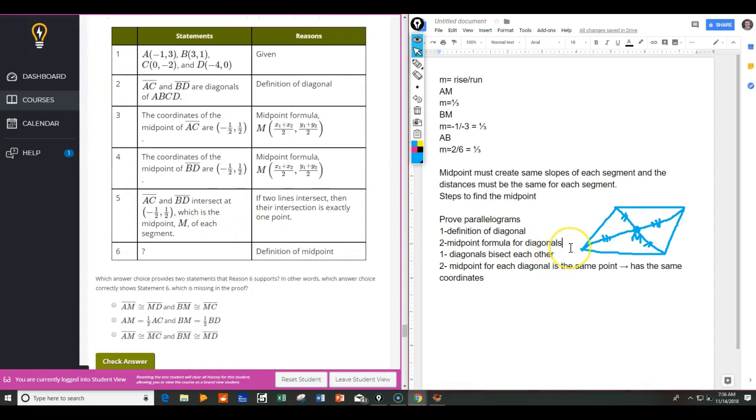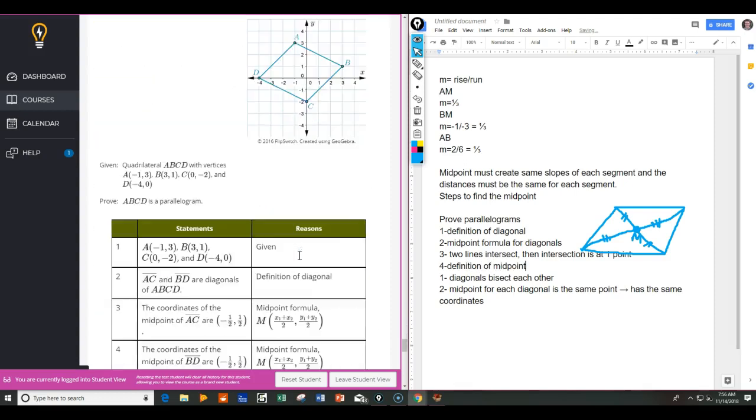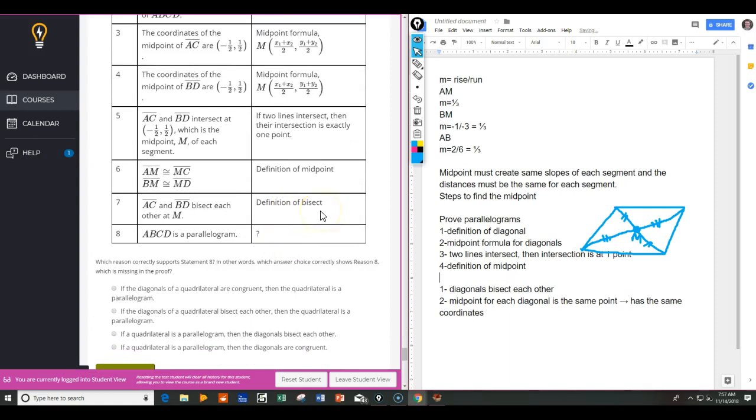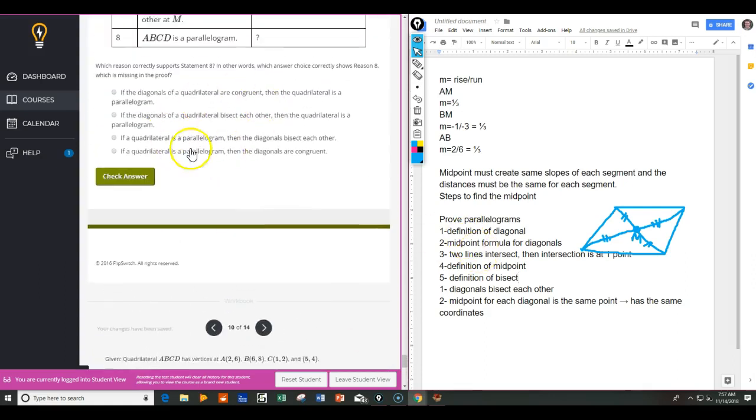The next thing that I see is, if two lines intersect, then their intersection is exactly one point. And then the next one is definition of midpoint. And do they have anything? They have definition of bisect. So I'm just showing you how I would use the example right there.